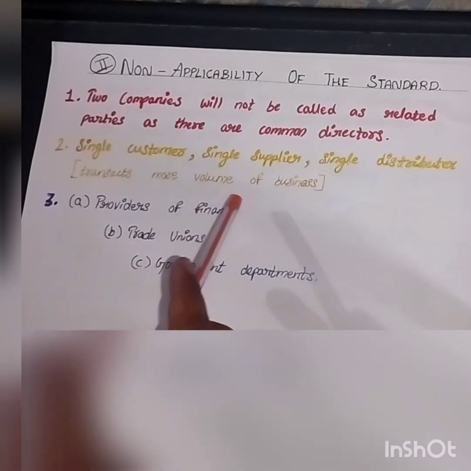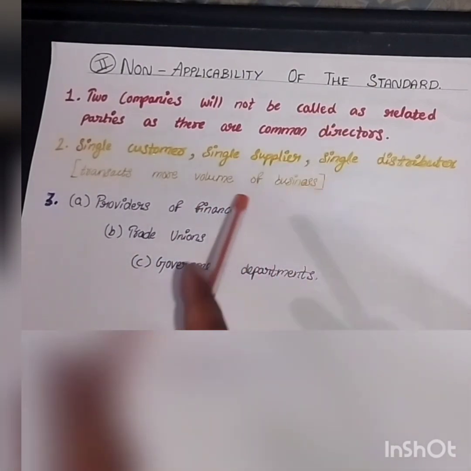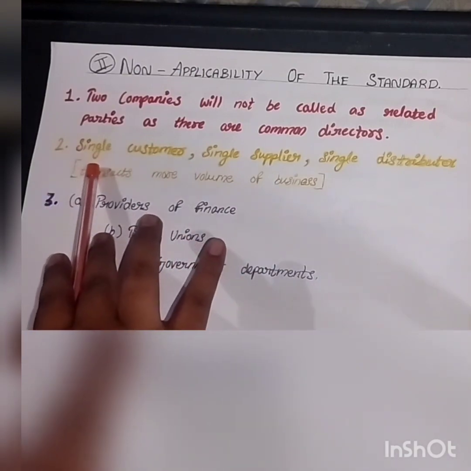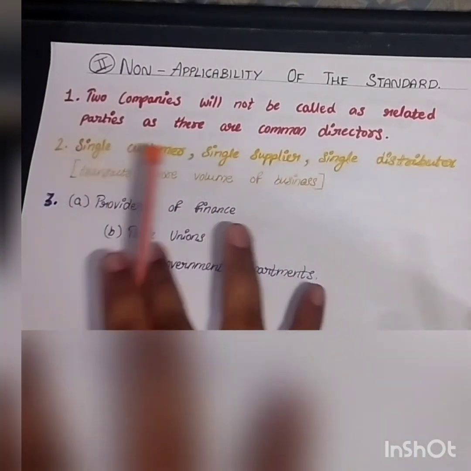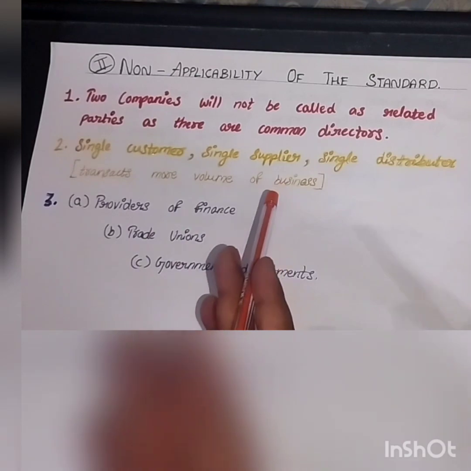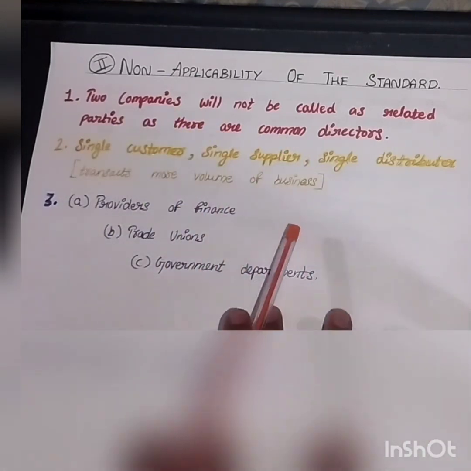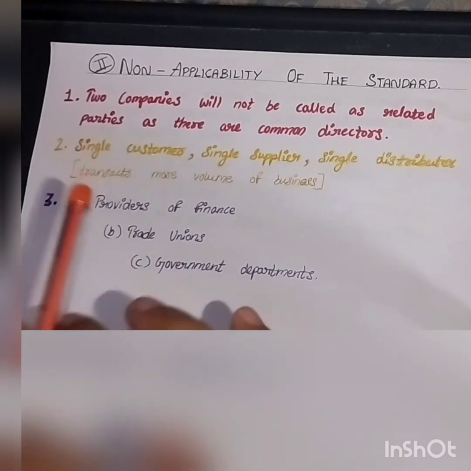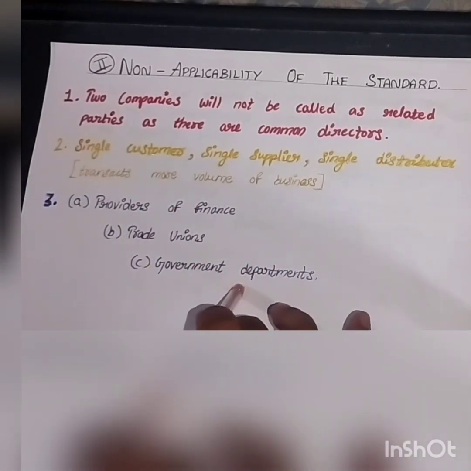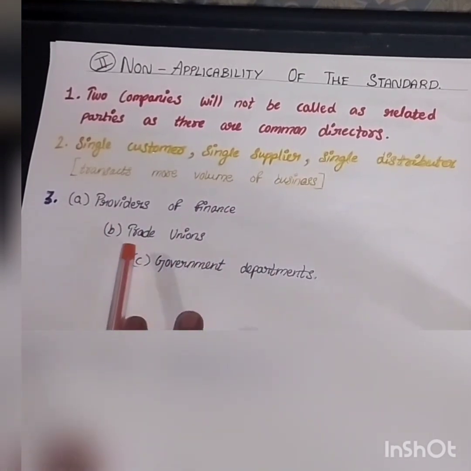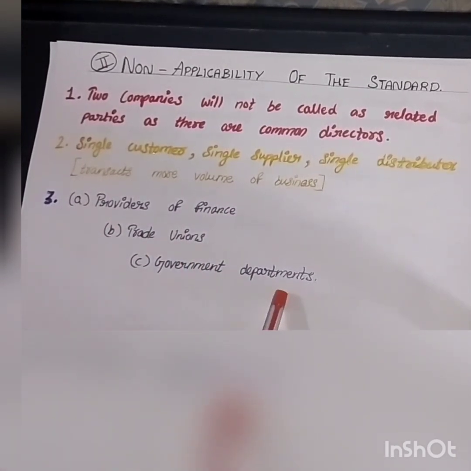Even though the volume of business transactions is large, it is immaterial, because the customer, supplier, or distributor is single, let's say a sole proprietor. For that, this particular accounting standard 18 is not applicable. And also there are three cases where this standard is not applicable: providers of finance, trade unions, and government departments.